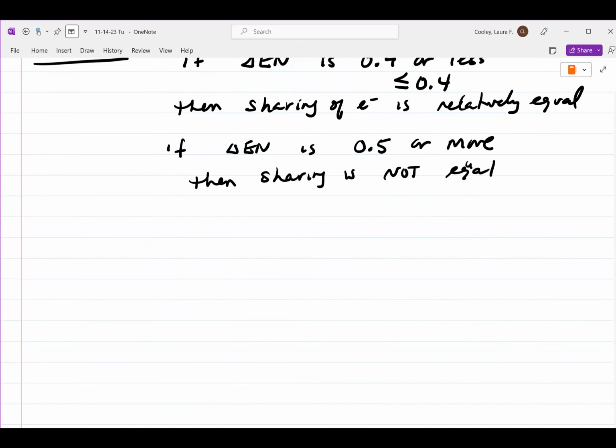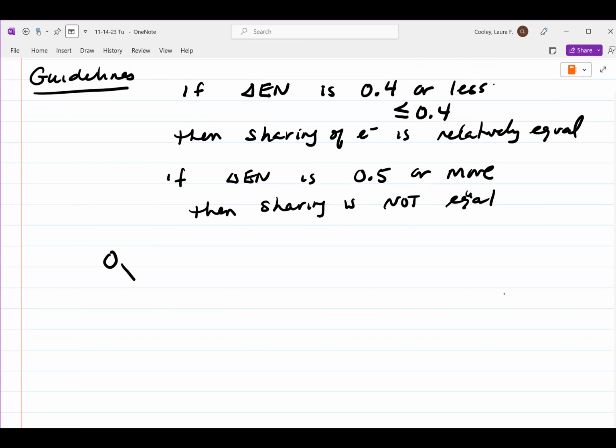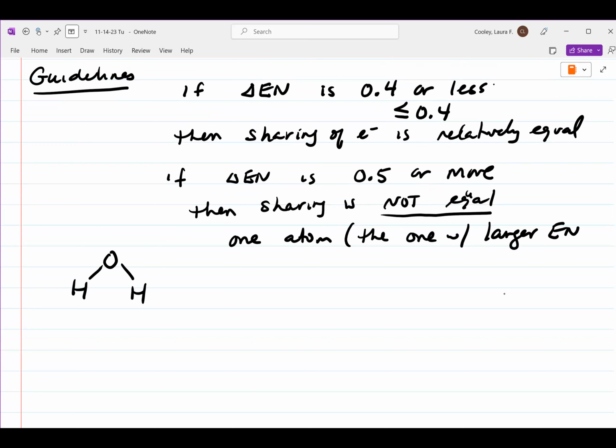So say we have, in a molecule, each of these bonds. If the sharing is not equal, what it means is that one atom, the one with the larger electronegativity, is pulling the electron density closer to it.